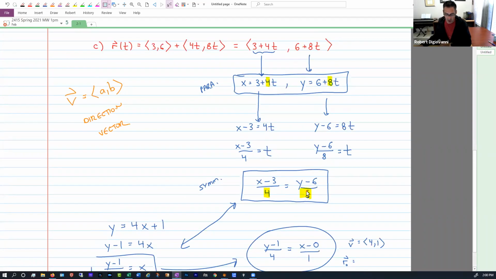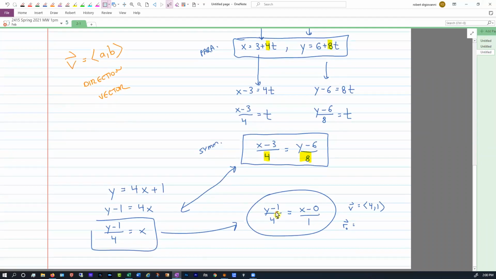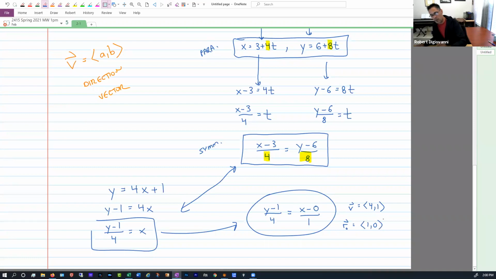Can you see R naught in this one? Remember, R naught was 3, 6 before. Is it going to be 1, 0? R naught would be 1, 0. And so the vector equation of that line would be 1, 0 plus t times 4, 1.